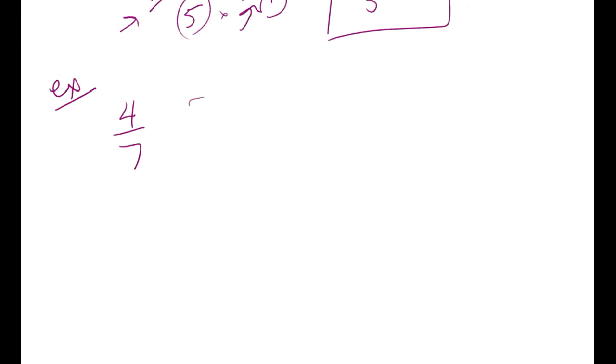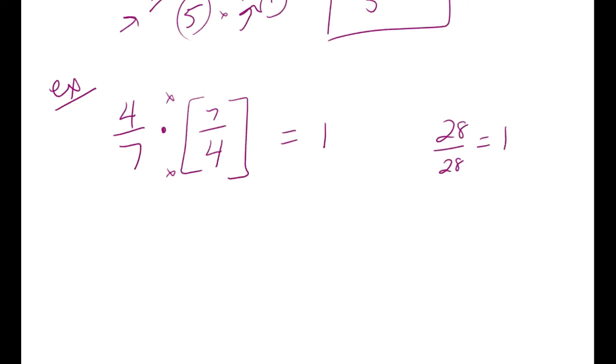Okay, so what value do I have to multiply 4/7 by so that I get 1? And the easy answer is I just have to flip the fraction around. Because when I flip it over and I multiply across, I get 28 over 28, which of course is 1.